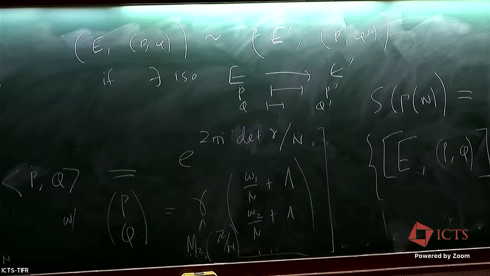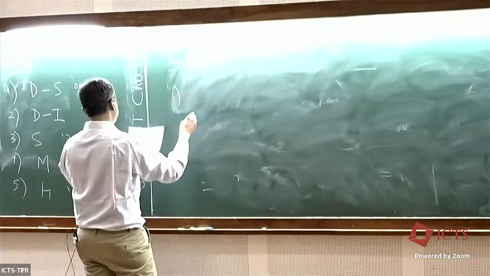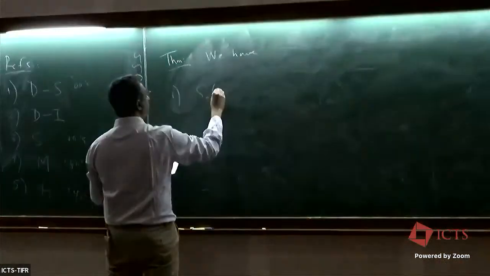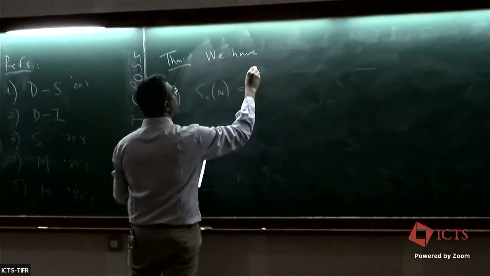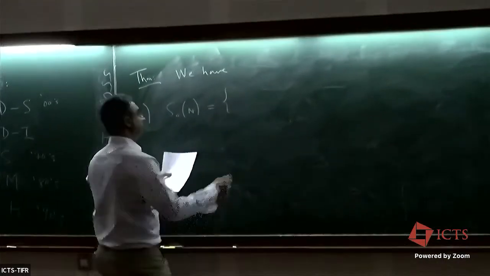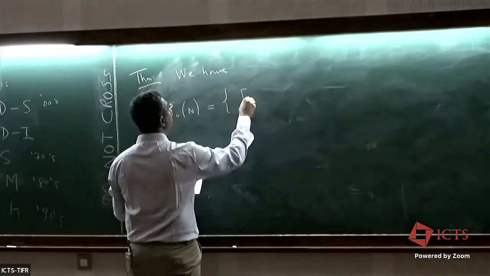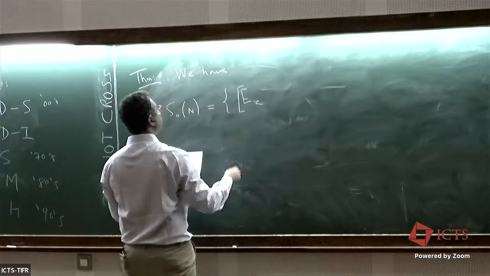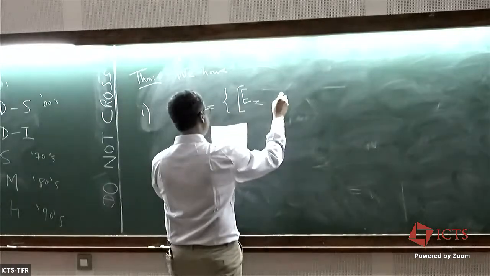Okay, so here is the theorem, the last theorem of this lecture, and we'll try and prove one thing at least. So I'll try and prove one of the parts of this theorem. The first statement is that the representatives of these equivalence classes can be taken to be familiar things. For S naught n, they can be taken to be E tau.